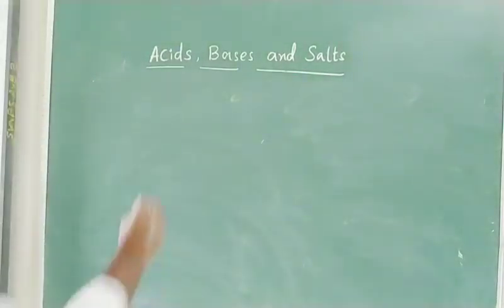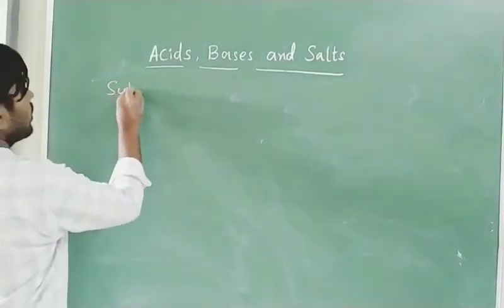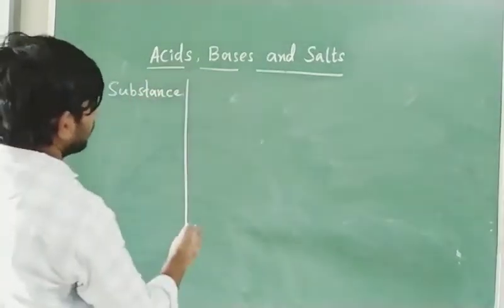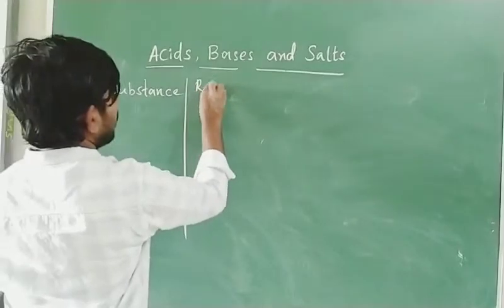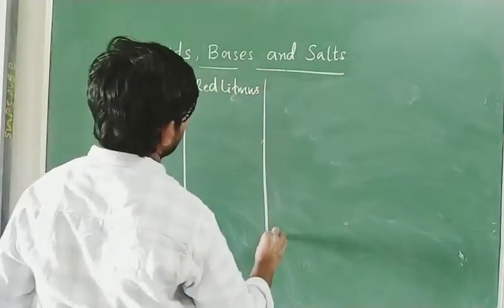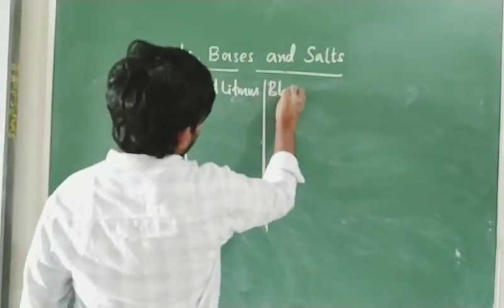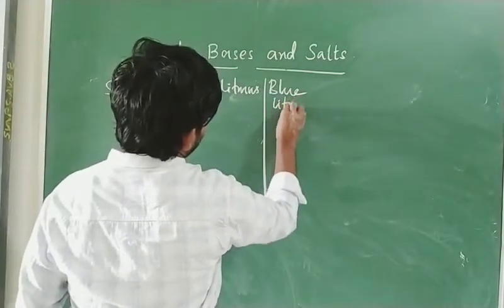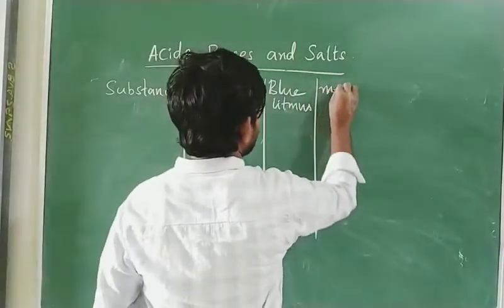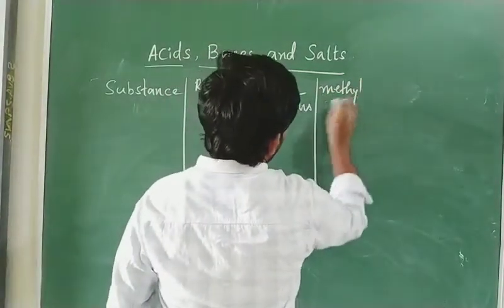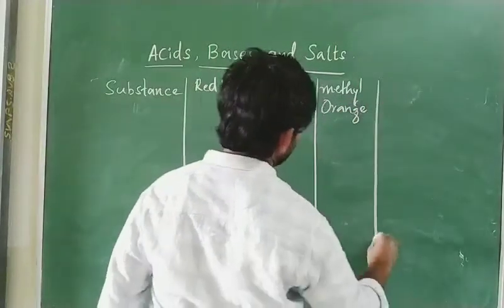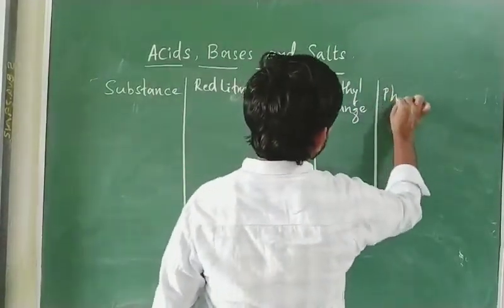The given substances here: red litmus, blue litmus, methyl orange, and one more is phenolphthalein.